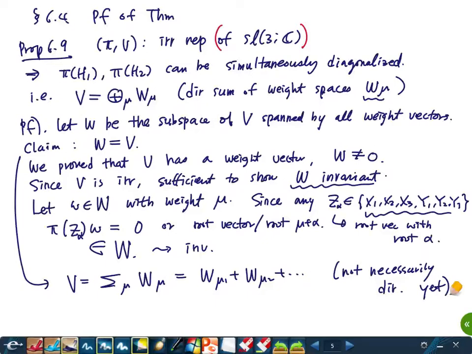We want to show that. Okay, so how can we show that? This will follow from the facts that I'm going to tell you on the next slide. This direct sum follows from the fact below, which I'm going to explain now.